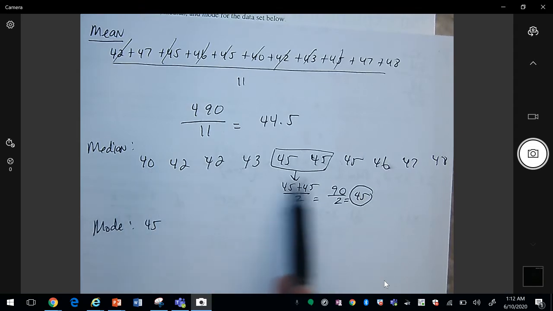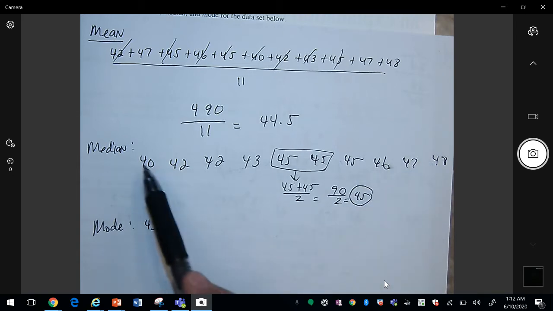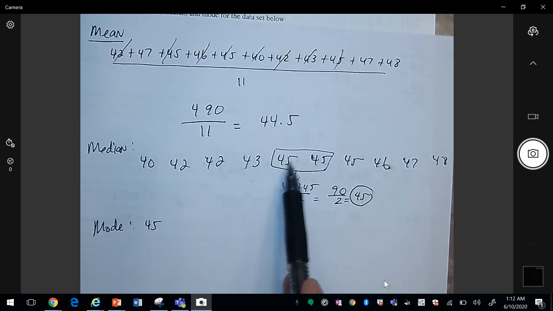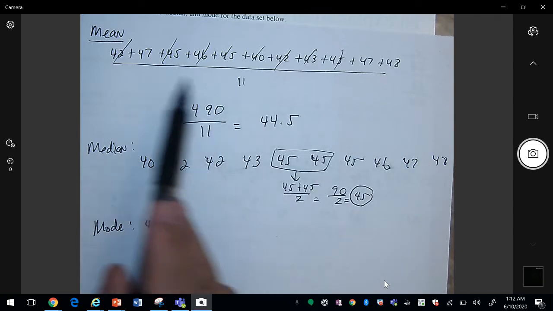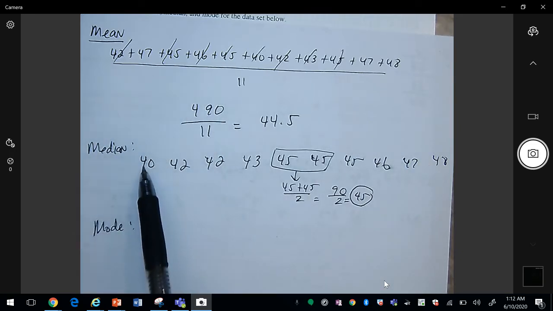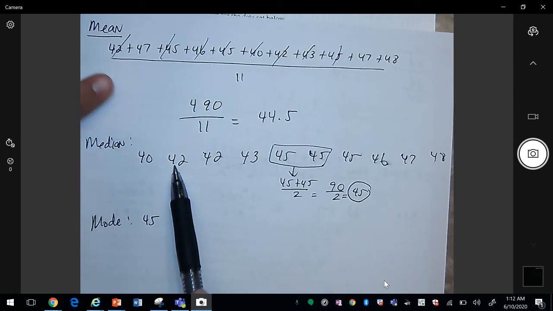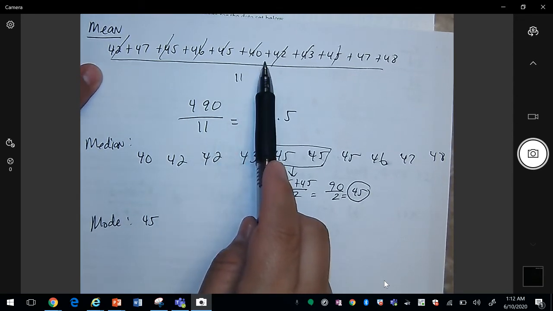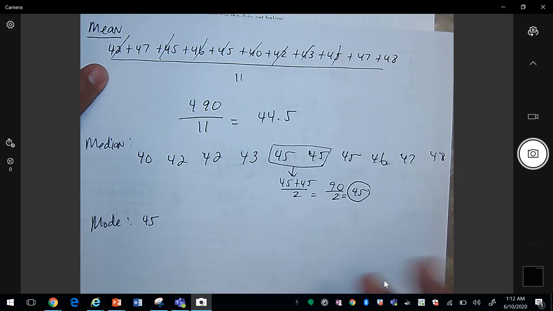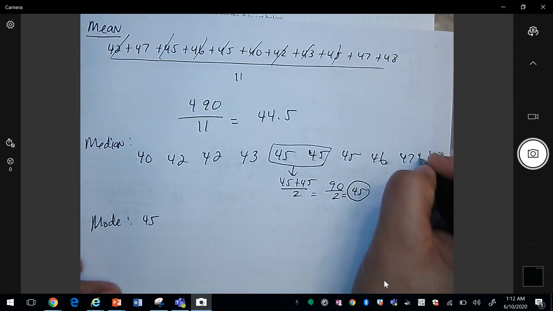Let me make sure I captured all the numbers here. 1, 2, 3, 4, 5, 6, 7, 8, 9, 10. So I'm missing 1. So we have 140, 142, 242s. Oh, I'm missing a 47.